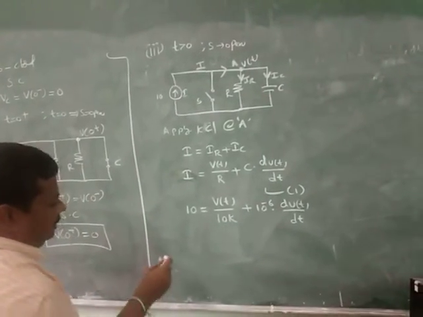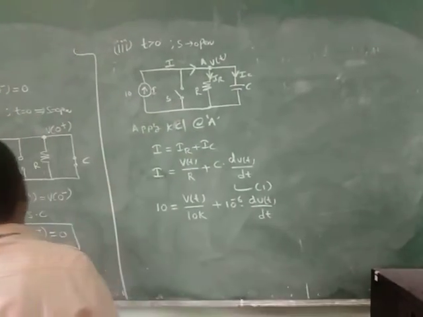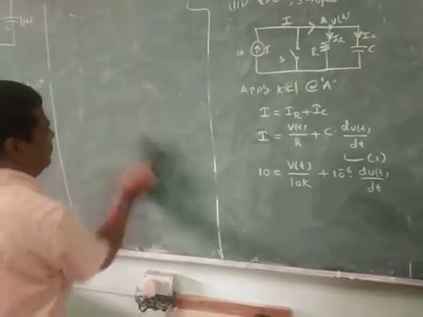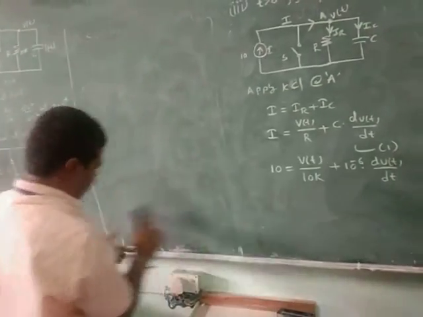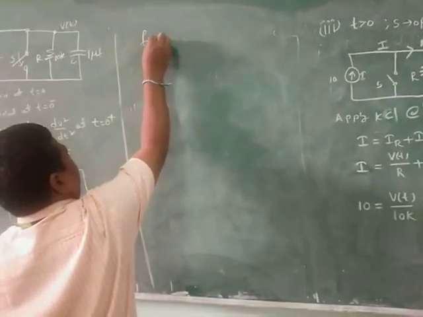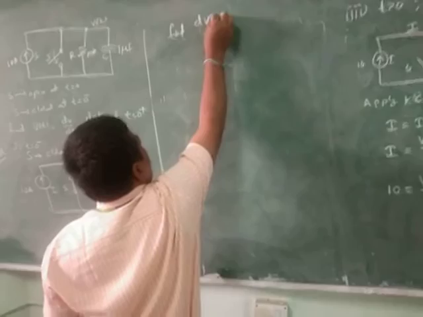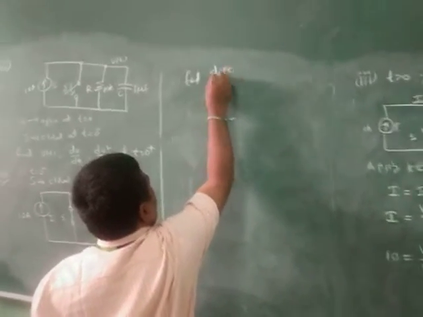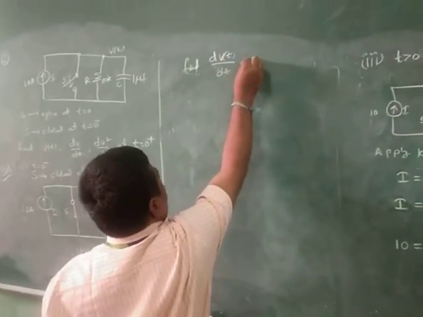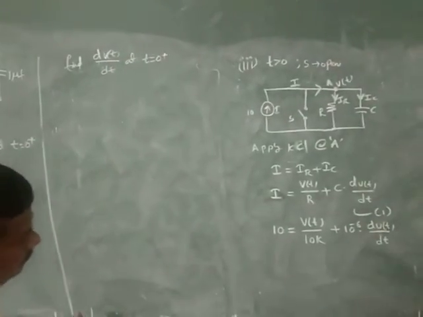Now the condition here is to find dV of t by dt at t is equal to 0 plus.